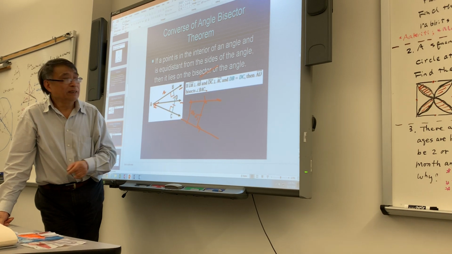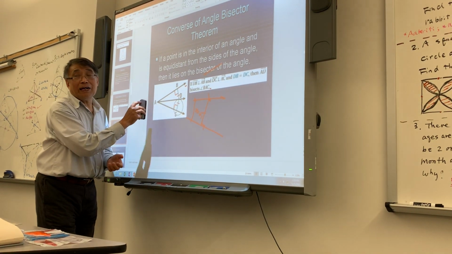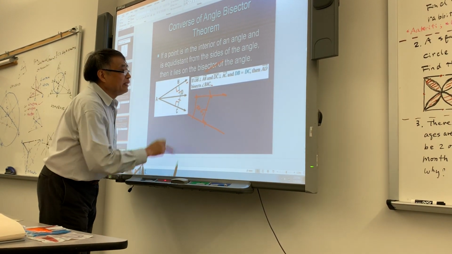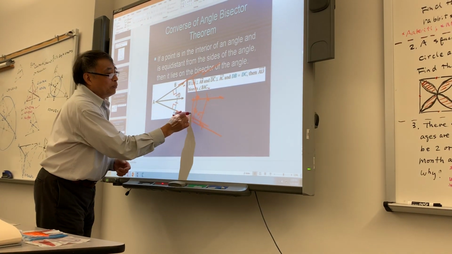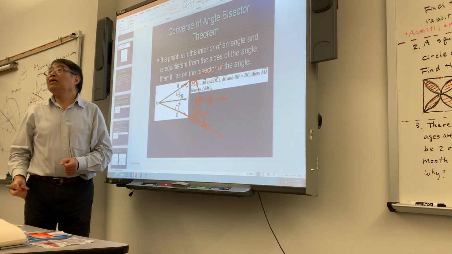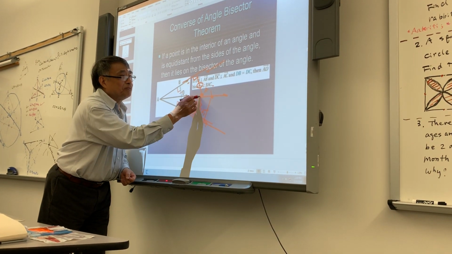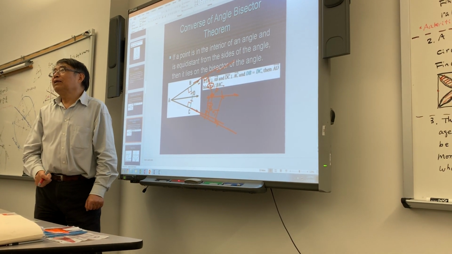Now, the converse is the same thing. If we are not sure whether D is a point on the angle bisector or not, maybe it is somewhere here, okay? If the distances are perpendicular and this side equals this side, this point F must be on the angle bisector.